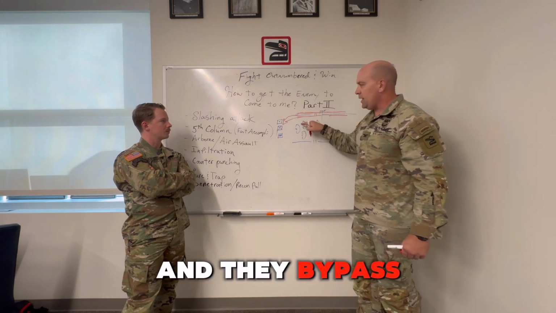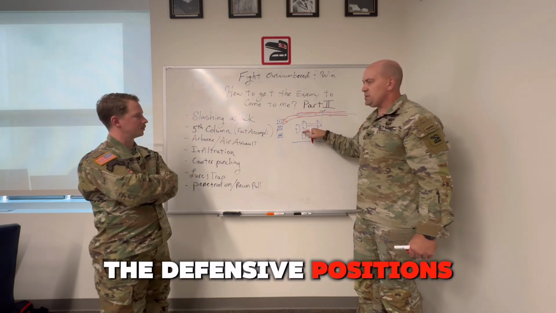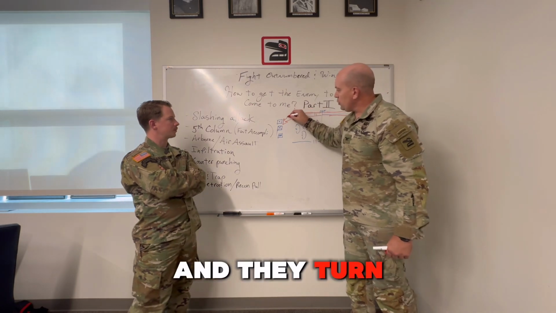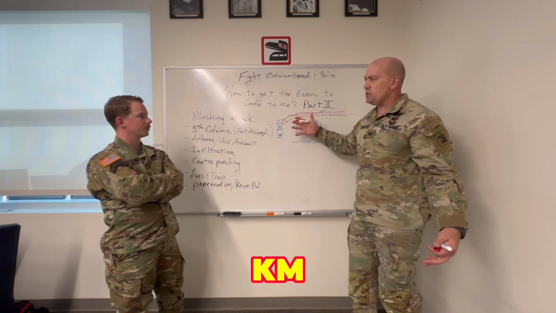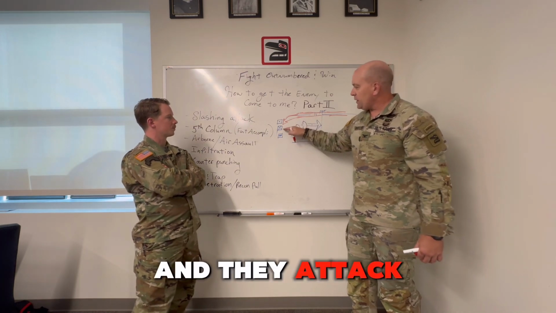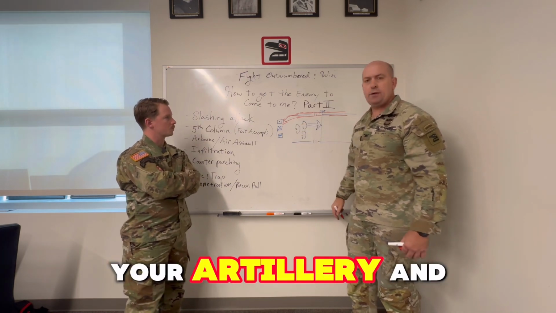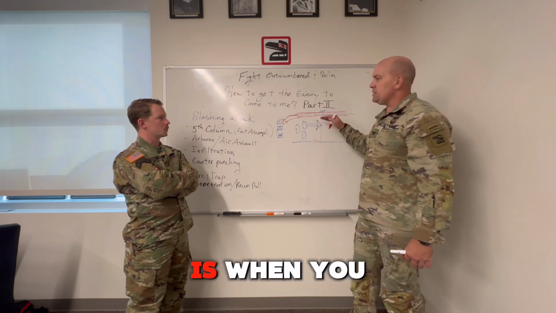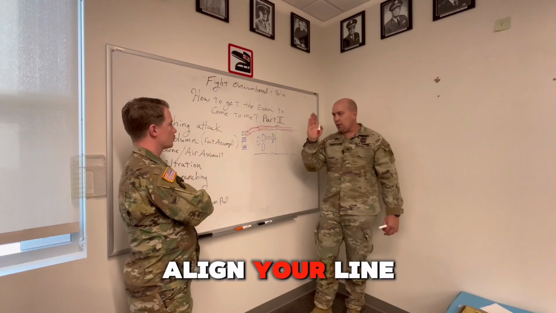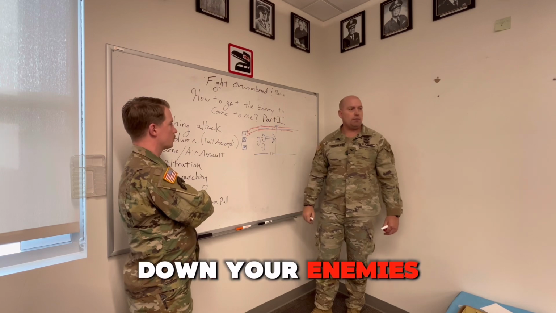They bypass the defensive positions and turn in, usually at depth, 18 to 20 kilometers, where their mark would be, and they attack your headquarters, your artillery, and your logistics. So a slashing attack is when you align your line of operation down your enemy's boundary.